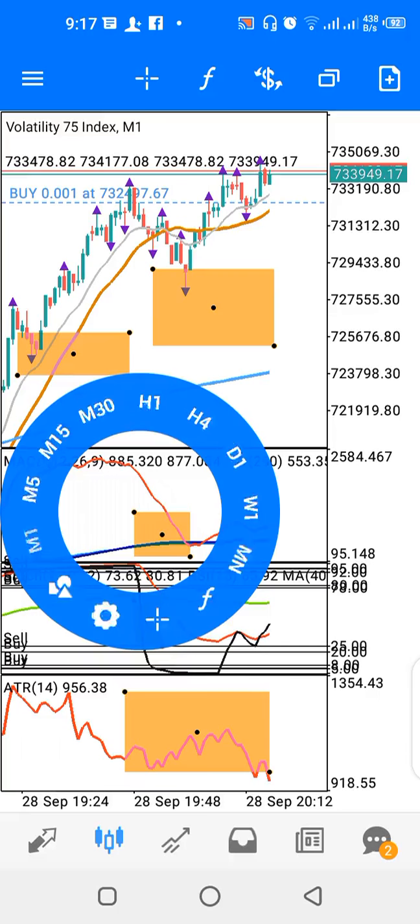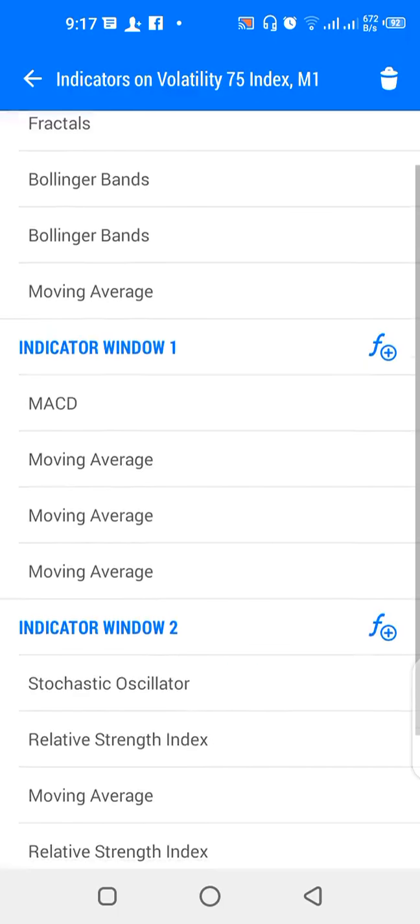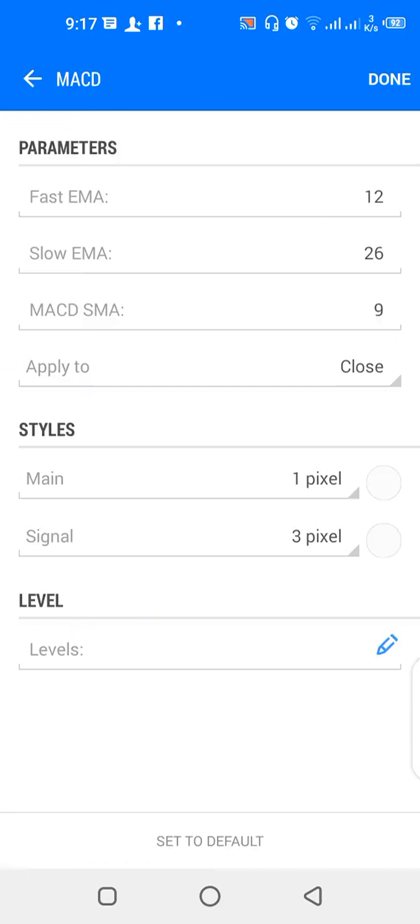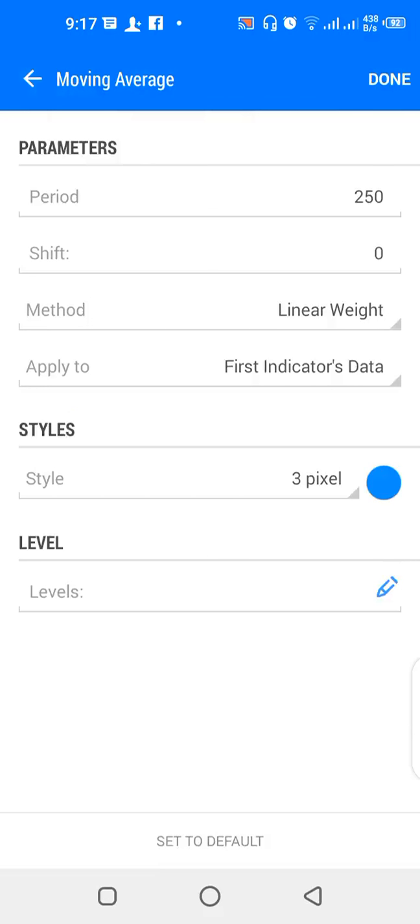Let's look at the parameters for indicator window 1. We have MACD. Fast EMA is 12. Slow EMA is 26. MACD SMA is 9. Apply to close. No color for the MACD. Then we have moving average. The period is 250. Shift is 0.